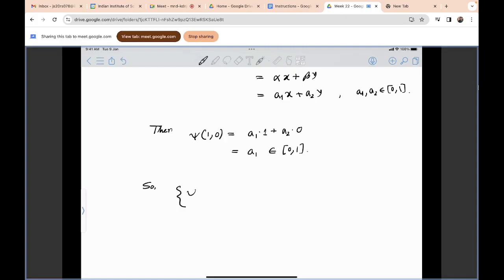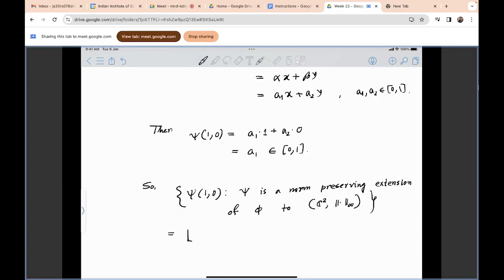So the set of psi of (1, 0) such that psi is a norm preserving extension of phi to all of C2 with this norm is equal to 0 1.